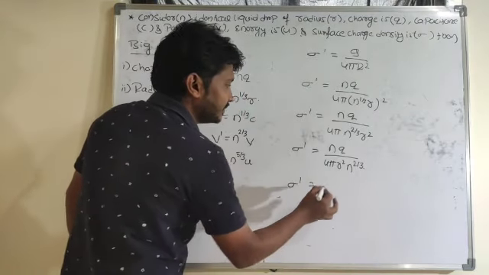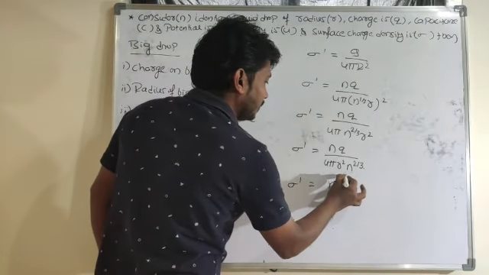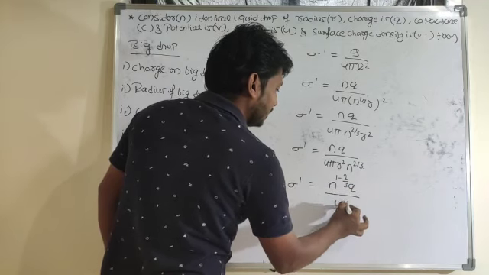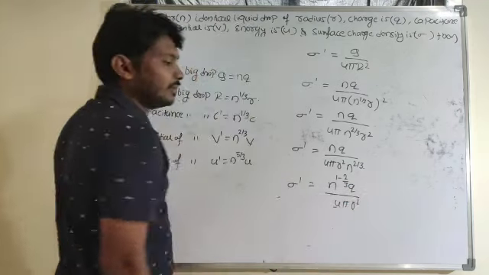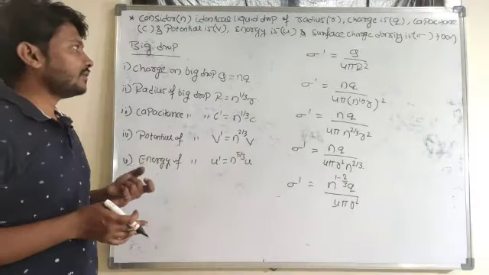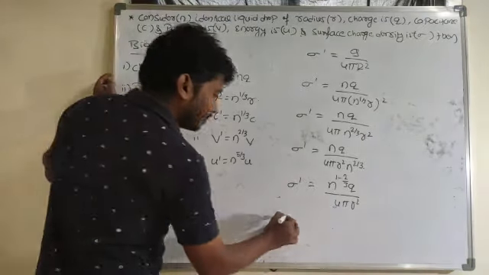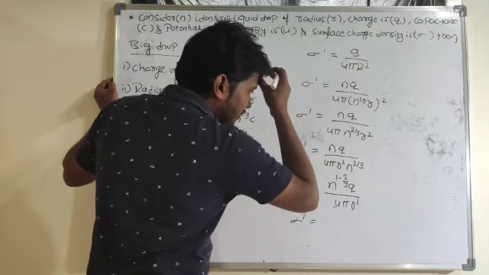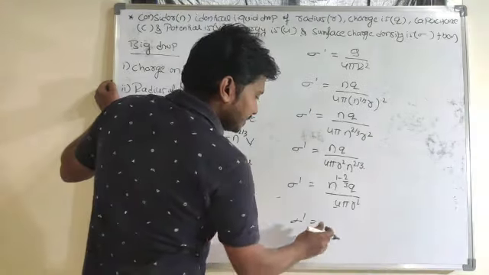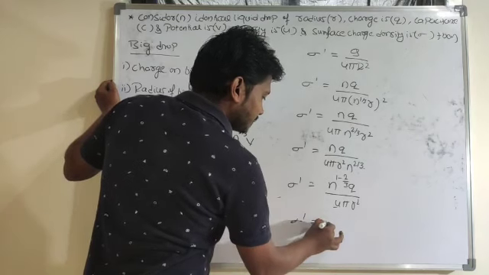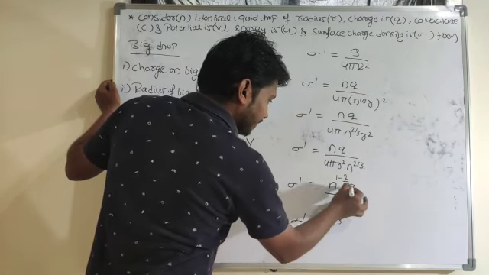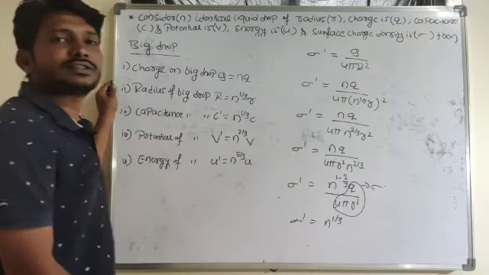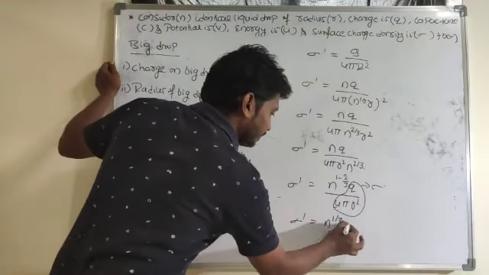So sigma dash is equal to n to the power of 1 minus 2 by 3 into q divided by 4 pi r square. Q divided by 4 pi r square means the surface charge density of the small drop. So 3 minus 2 is 1 here. So n to the power of 1 by 3 into q divided by 4 pi r square means the surface charge density of the small drop.